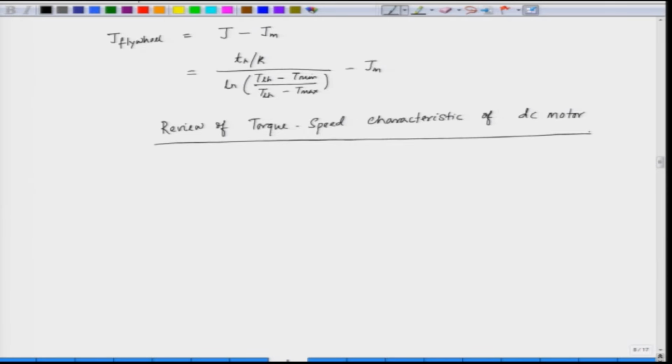Now, first of all we take a shunt motor. In a shunt motor, we have the armature, and some resistance is placed here, and we have the field.